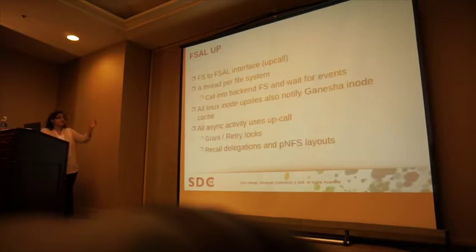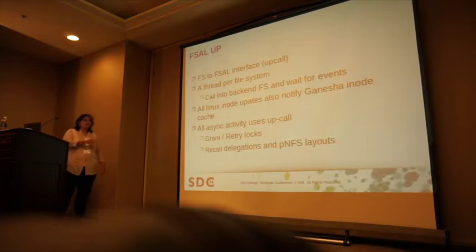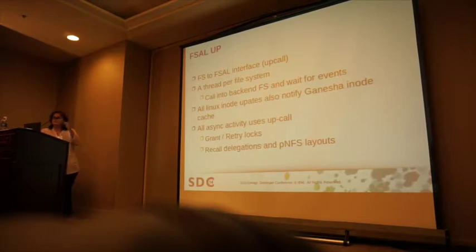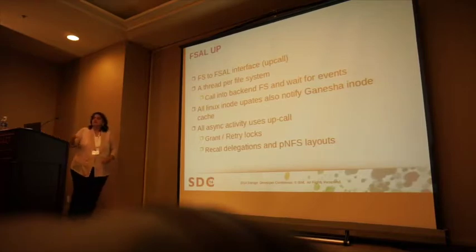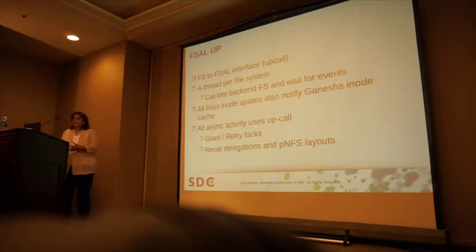Now, Facade Up is the other way around. So this is the interface from the file system to the facade. And it is basically a thread for the file system which calls into the backend file system and waits for events. Now, we really need this because if something gets updated outside of NFS, we need to know about it so we can invalidate the cache.